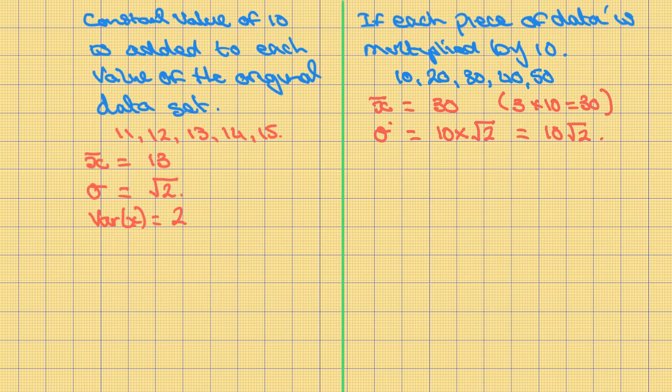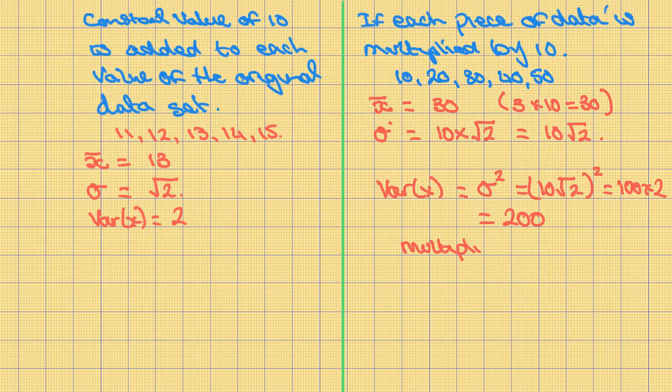And the variance of x is the standard deviation squared, which is 10 root 2 squared, which is 100 times 2, which is equal to 200. Which is, if you notice, the multiplier squared times the old variance.